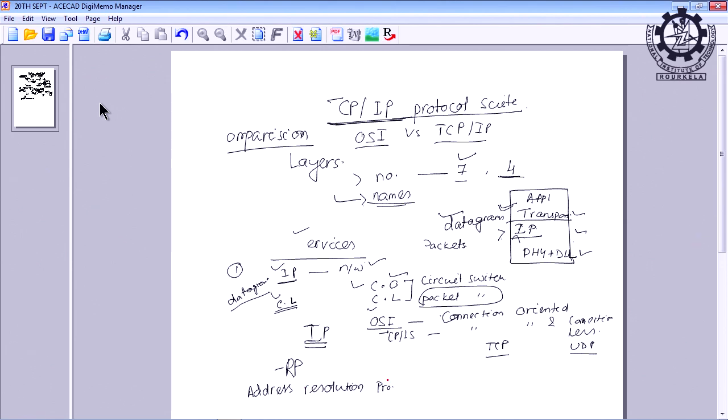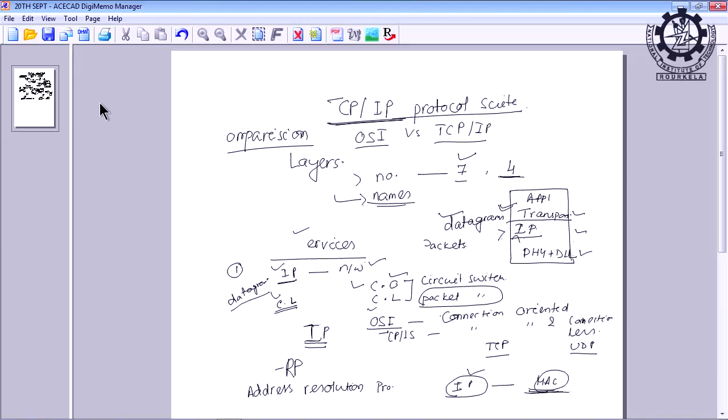What this protocol does is, if you give the IP address of a host, it tries to find the physical address or the MAC address of the host. This is a control protocol which tries to get the MAC address of a system or a host whose IP address is known to you.